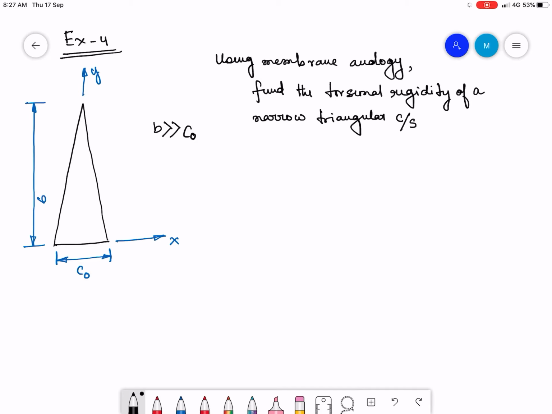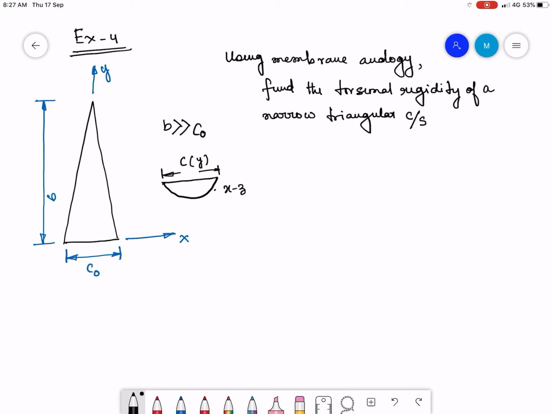So if I take a cross section in the xz plane, it is going to look something like this. So this is going to be C, which is going to be a function of y. So this is at the xz plane. At the base, this is going to be the same parabola, but this length is going to be C0. This is again in the xz plane.